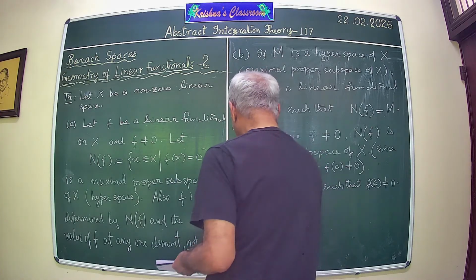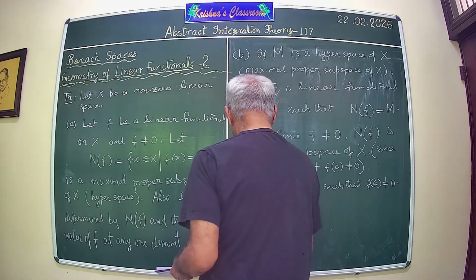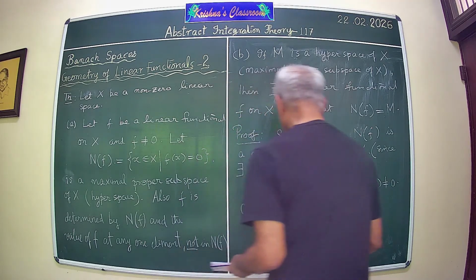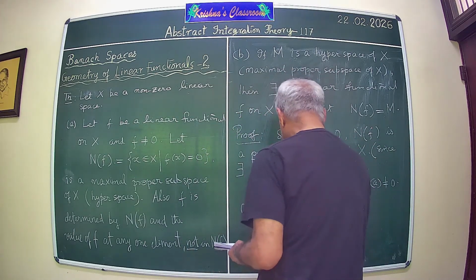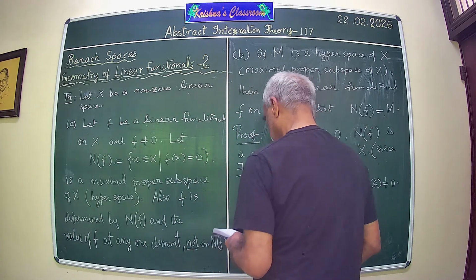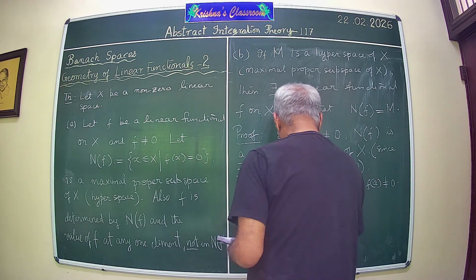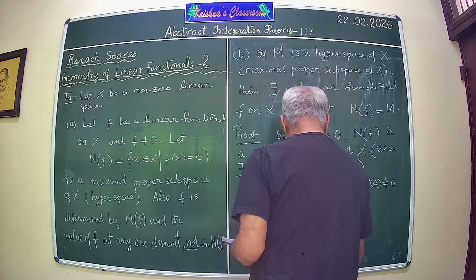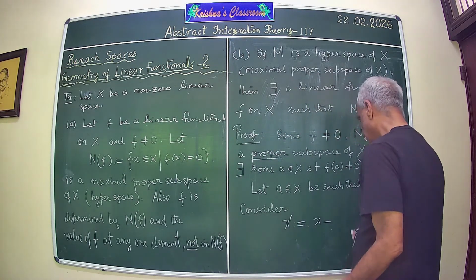Now consider an element x prime defined by x minus f(x) over f(a) times a.